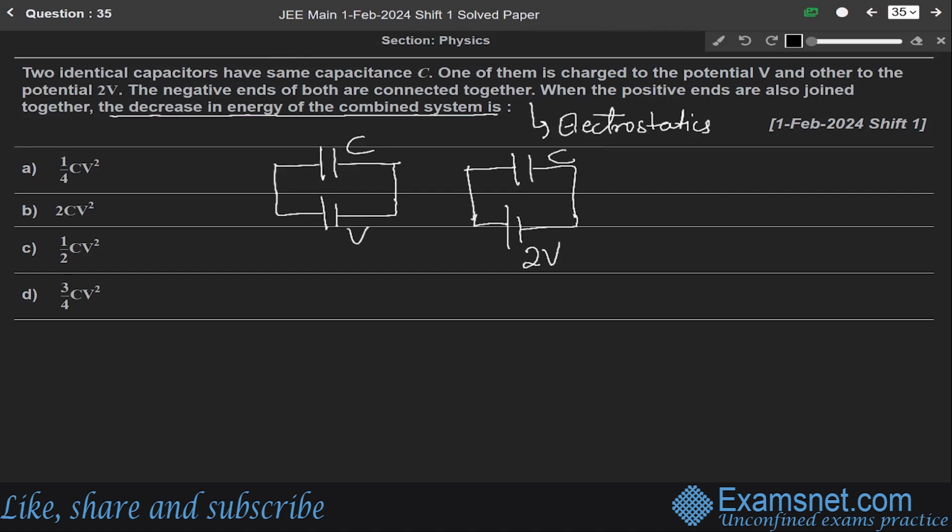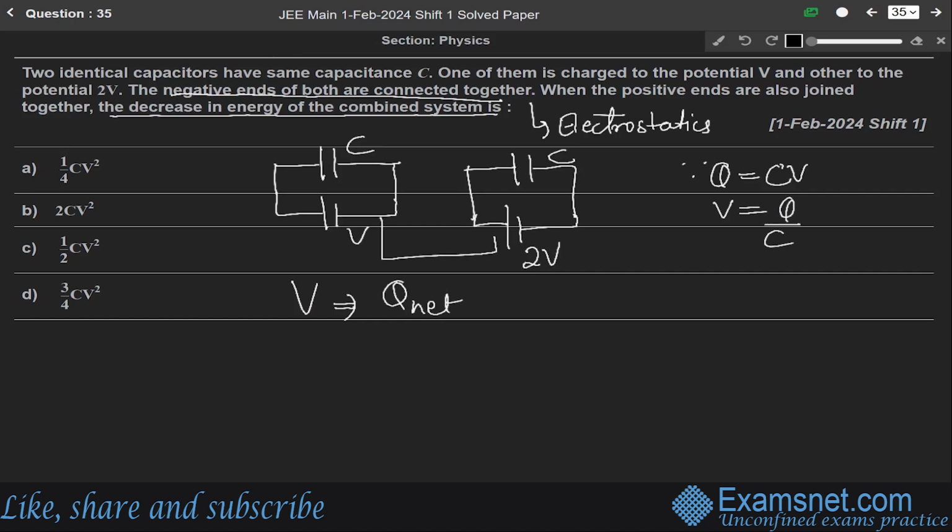So when these two are connected, with the negative ends of both connected, the voltage of the whole system, V, is given as, since we know that Q equals C into V, so V will be equal to Q by C. So Q is the net charge in both the combined capacitors over C, the net capacitance when both the capacitors are combined.